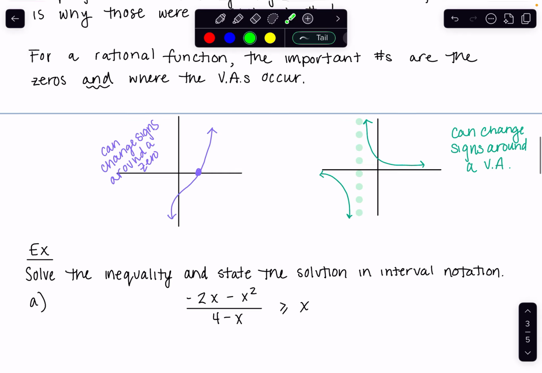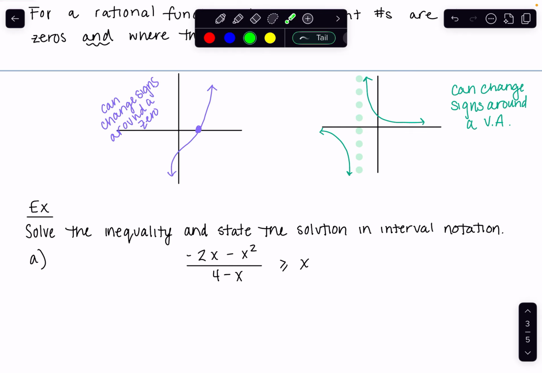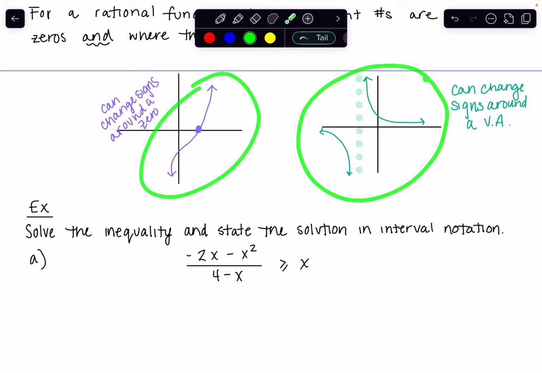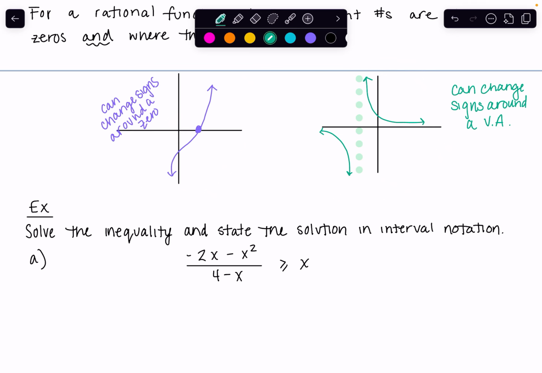You're going to get everything to one side, so it's greater than 0, less than 0, whatever it may be. And then you're going to find these key numbers by setting the numerator equal to 0 and setting the denominator equal to 0. Okay, so again, this is just where the numerator equals 0, and those vertical asymptotes occur where the denominator equals 0.